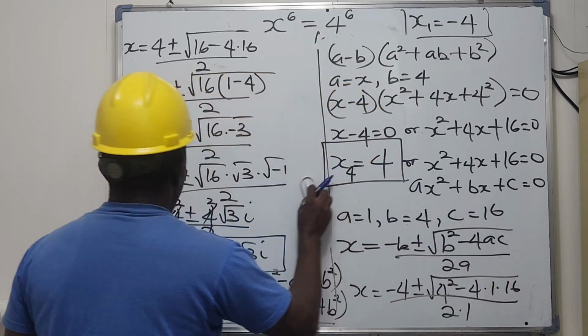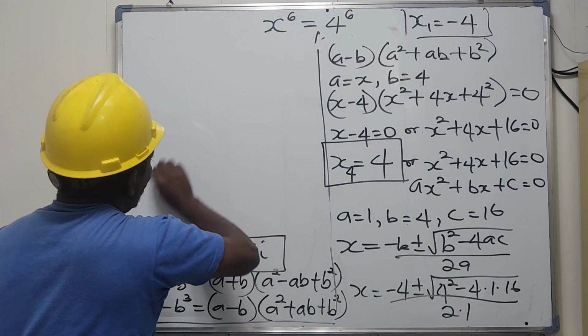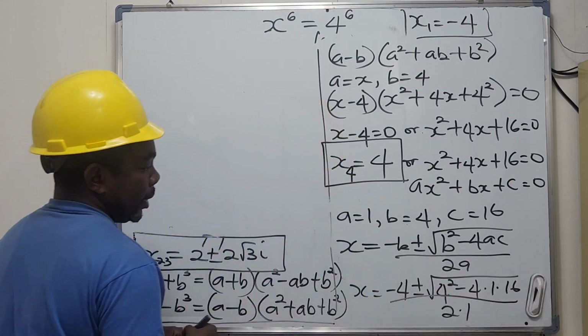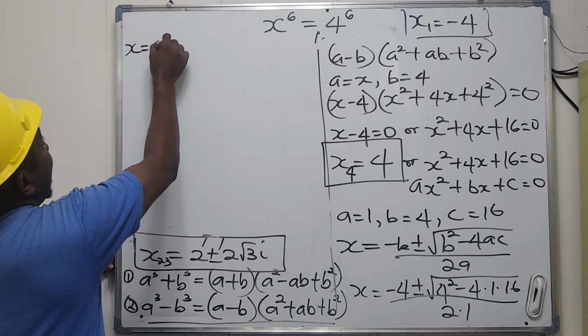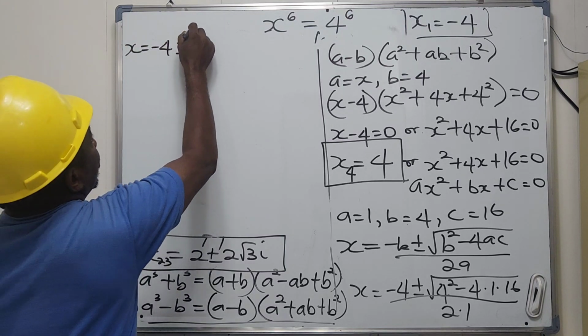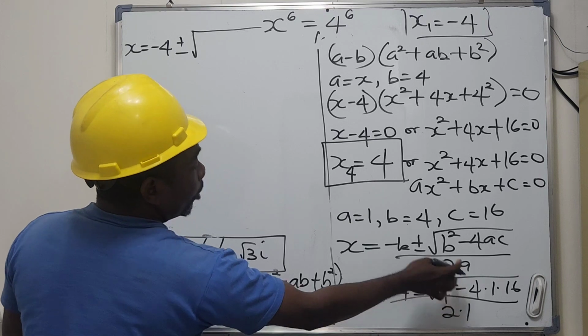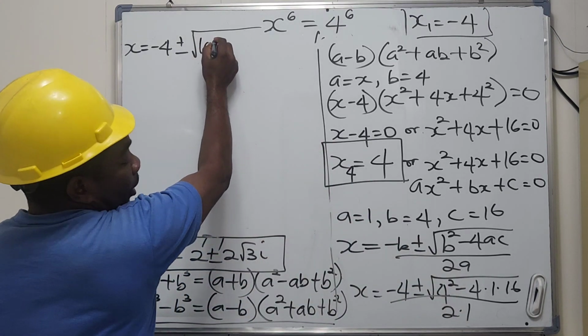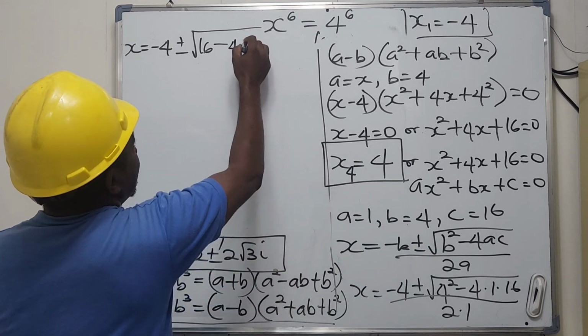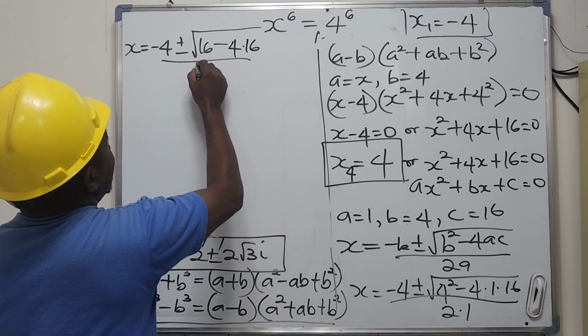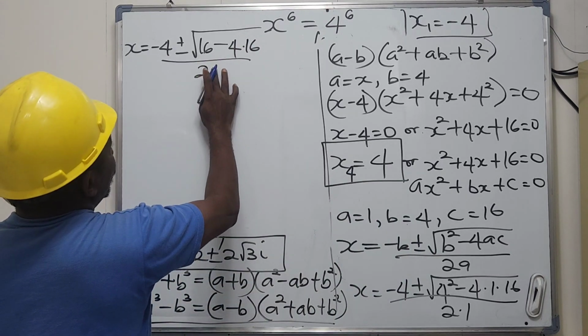So in that case, x becomes minus 4 plus or minus square root of 4 to the power of 2 is 16, minus 4 times 1 times 16, all over 2 times 1, which is 2.